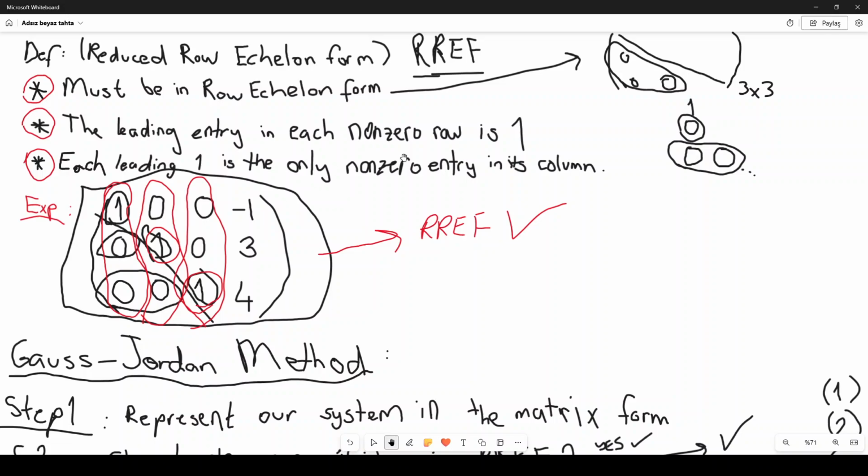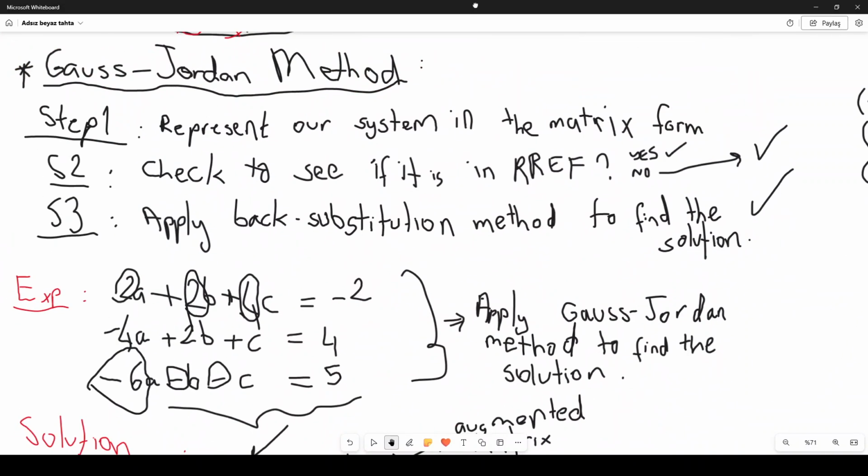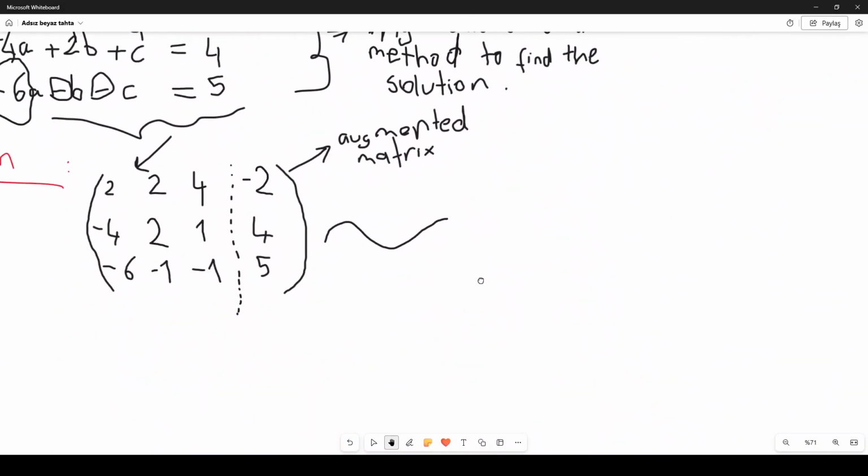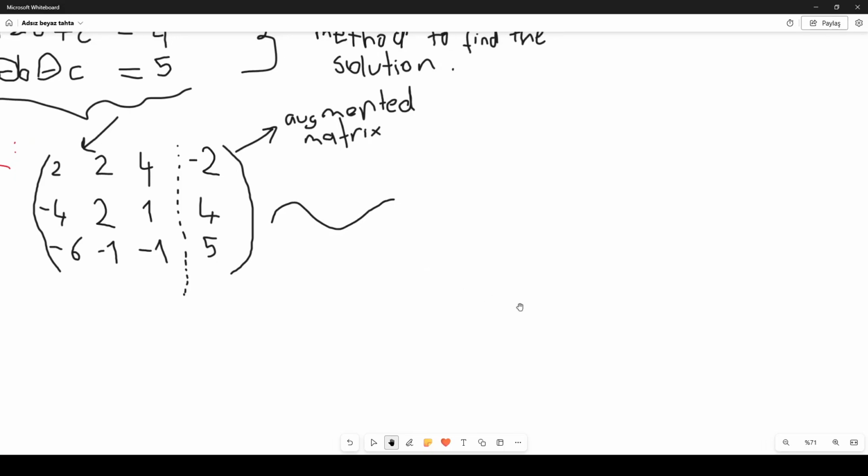We should first guarantee this, right? The leading entries, in other words, the very first element which is not 0 in each non-zero row, should be equal to 1. We need to ensure that. And then in the leading ones column, everything besides that should be equal to 0. Okay, let's jump into that and try to convert our matrix.